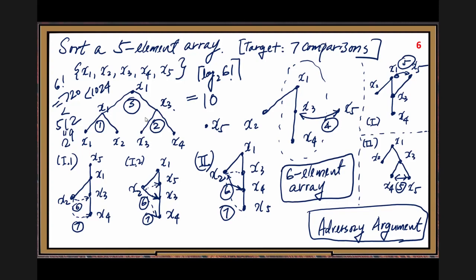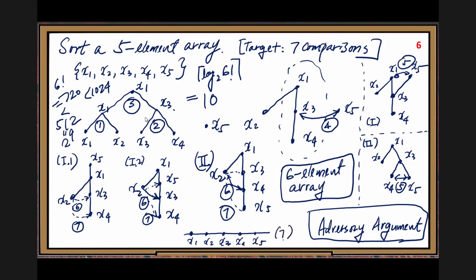Can you take the first 5, x1, x2, x3, x4, x5, and sort them with 7 comparisons?